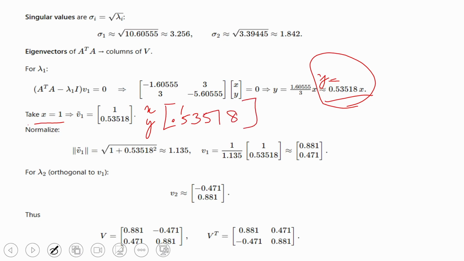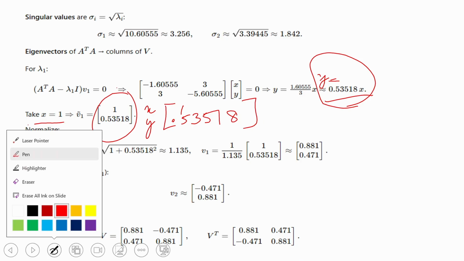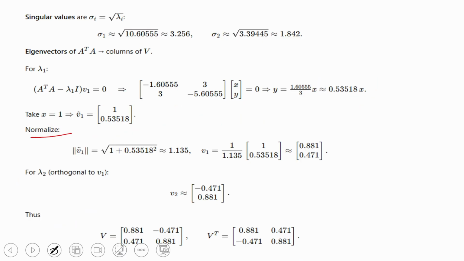So we got the eigenvector. Now, the next step is we need to normalize it. For normalization, you have to calculate the norm of V1. The norm of V1 means we have to take the square root of the squares of all values present.